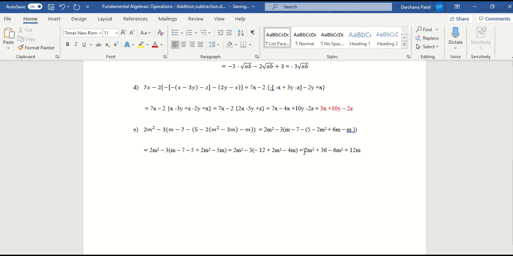And one more step we can do is 2m square minus 6m square will give us negative 4m square, plus 12m remains the same, and plus 36. And that will be our final answer for this one.